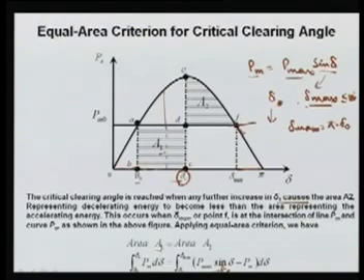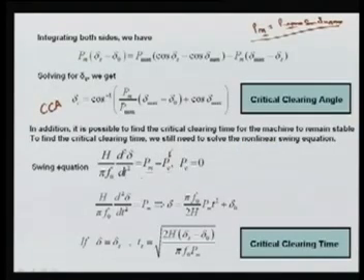So we want to integrate from here to here where PE is 0, so we can solve this equation. Here we will get pi f naught upon 2H times PM t squared plus delta naught, because it is starting from delta naught, so delta naught is added, and with respect to time, delta is increasing.